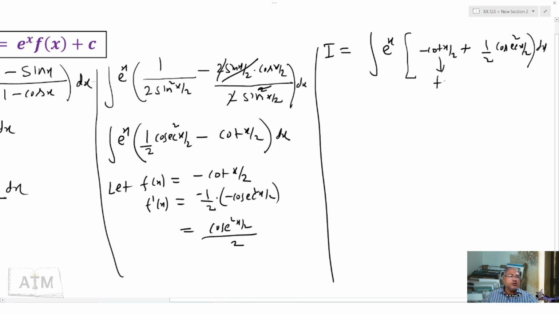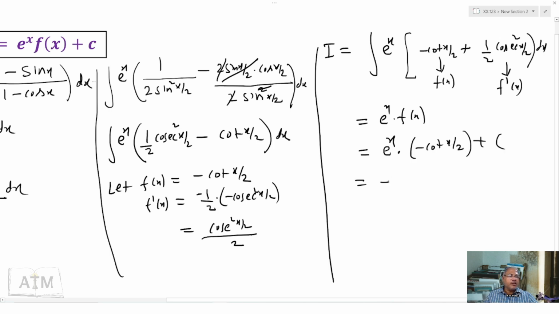This becomes f of x and this becomes f dash x. The result is e raised to x into f of x. That is the result of integration. That is e raised to x, what is the f of x? Nothing but minus cot x by 2 plus c. So this can be written as minus e raised to x cot x by 2 plus c is the required solution.